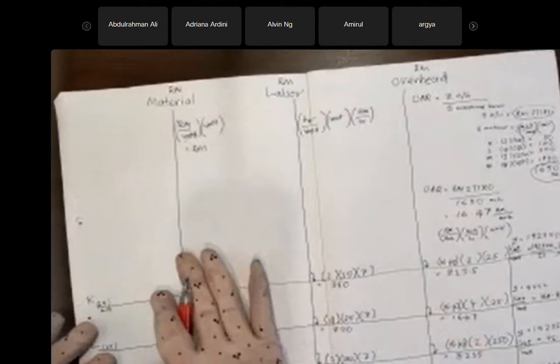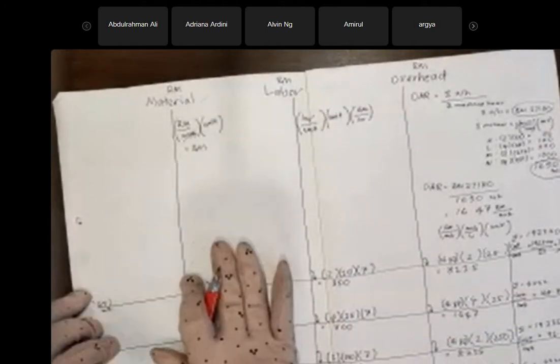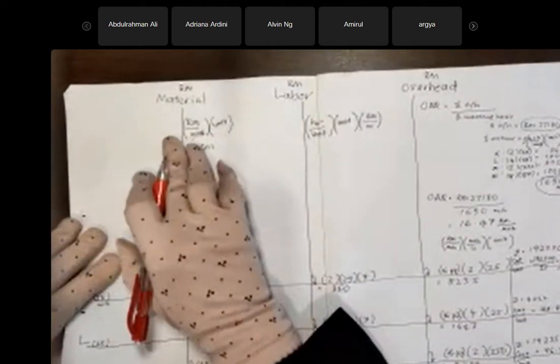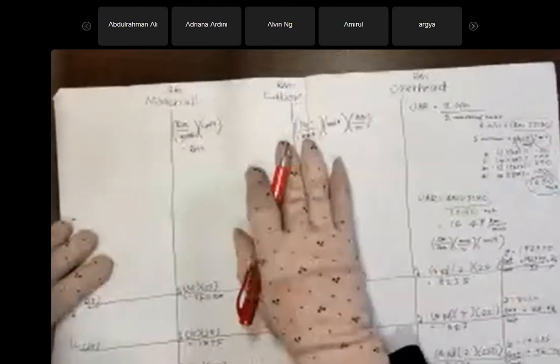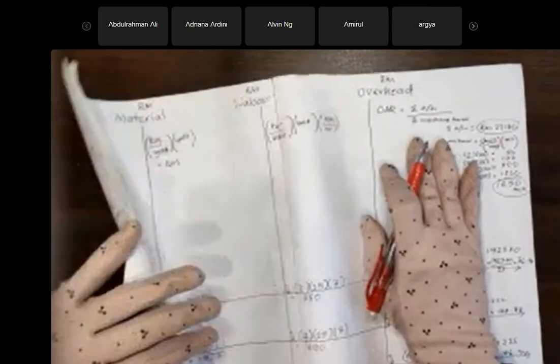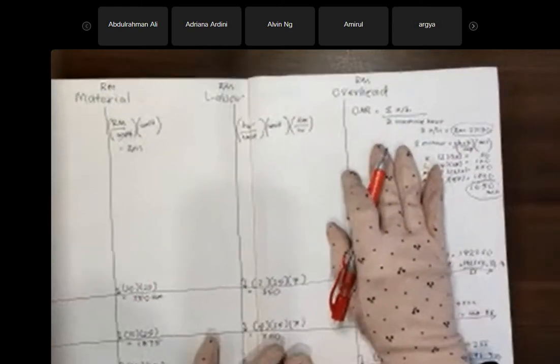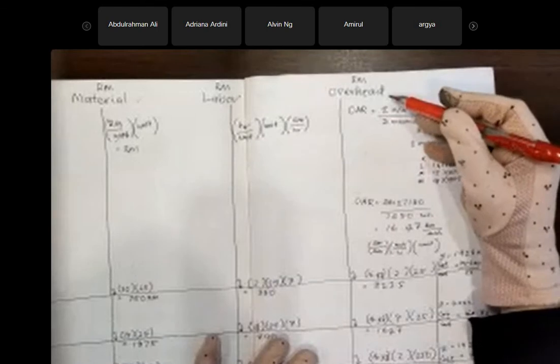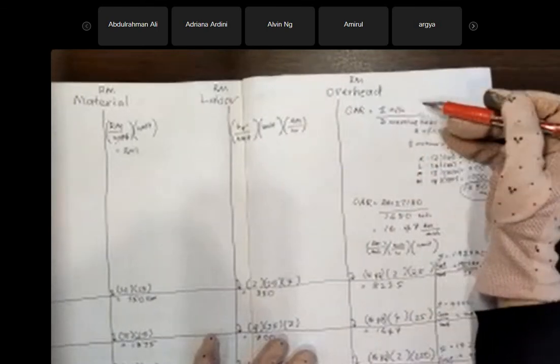Okay, now we go back to this part. This is the traditional, just a revision: material, labor, overhead. In the traditional cost, you have the overhead lump sum.